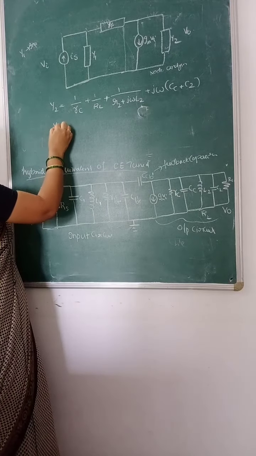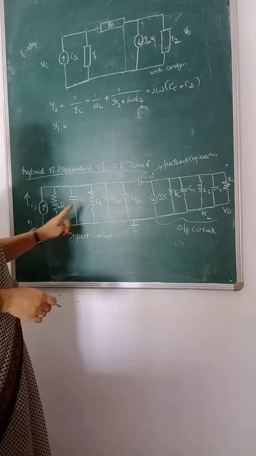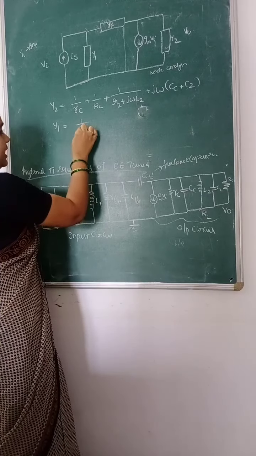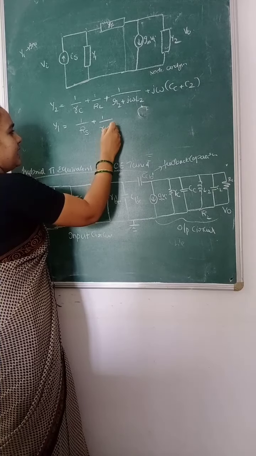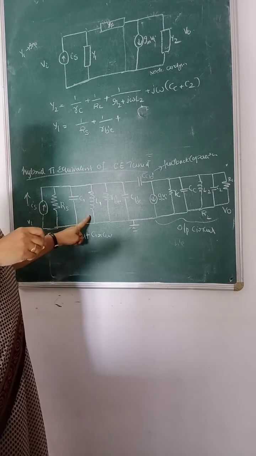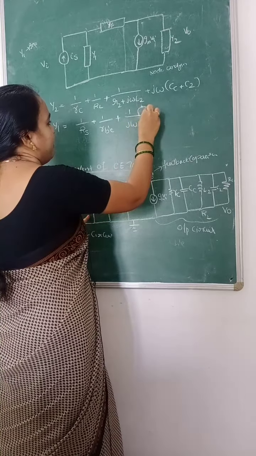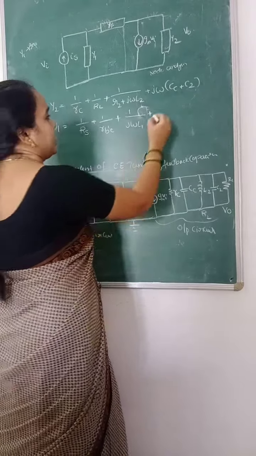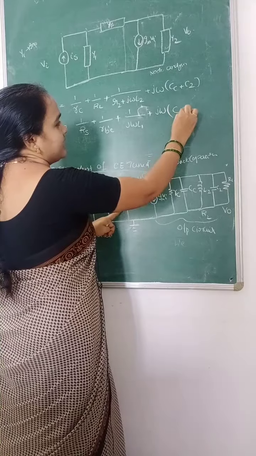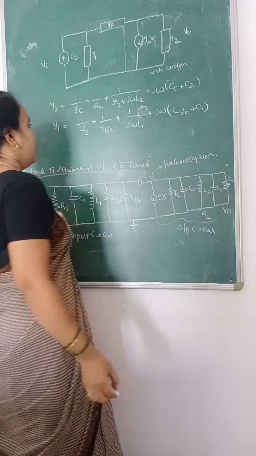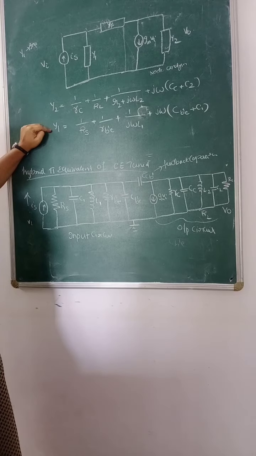Similarly, the input admittance Y1 can be written as 1 by Rs plus 1 by Rb dash e, plus 1 by j omega L1 for the inductance, plus j omega into Cb dash e plus C1 for the two capacitances.